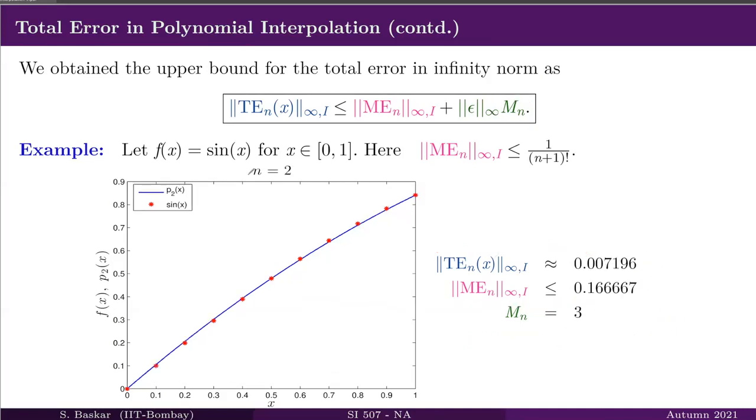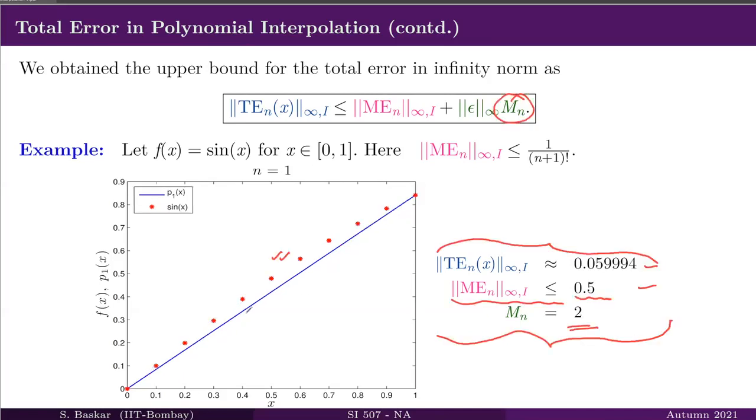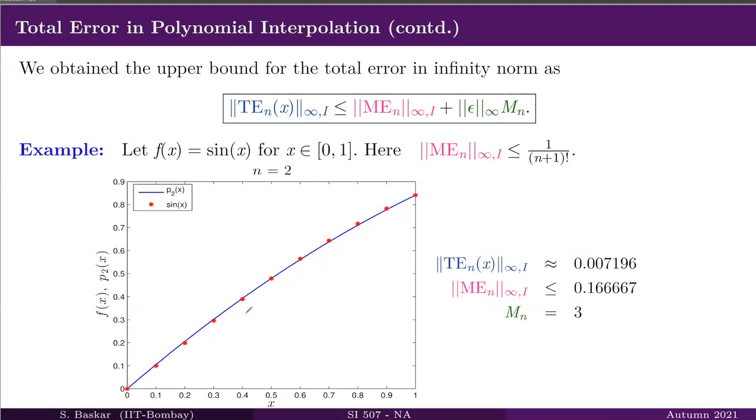Let's go to n is equal to 2. You can see from n equal to 1 to n equal to 2, the quadratic polynomial is of course approximating the sine function quite well, and the total error also improved very nicely. As expected, mathematical error is decreasing.